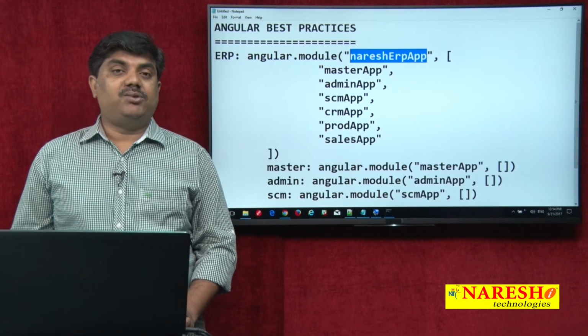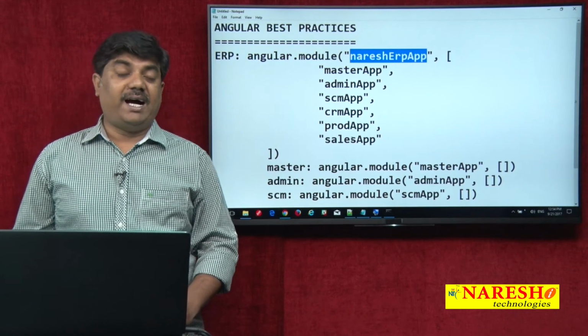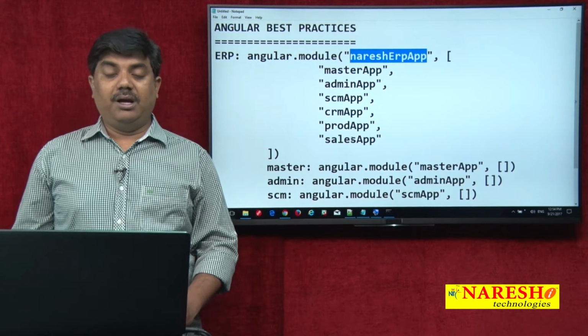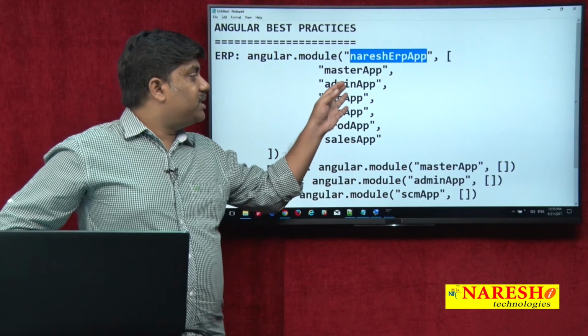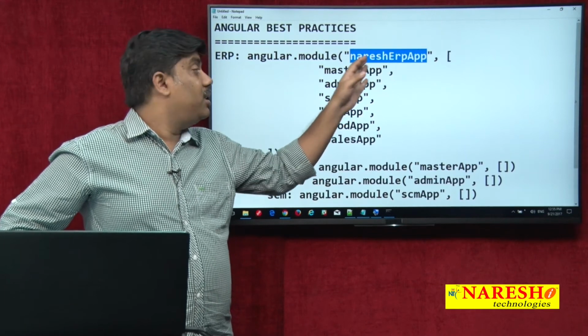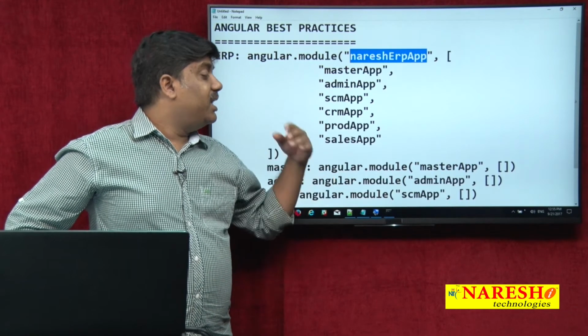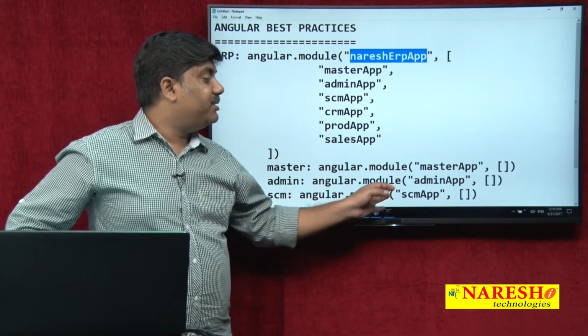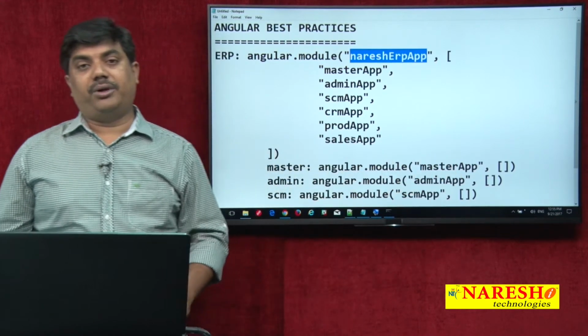So here when it comes to the dependencies, you will get a question: if a module is depending on other modules, then what can we do? Well, like how I am providing the dependency of a specific module to the main module, in the similar way you can make other module dependencies to some other module.